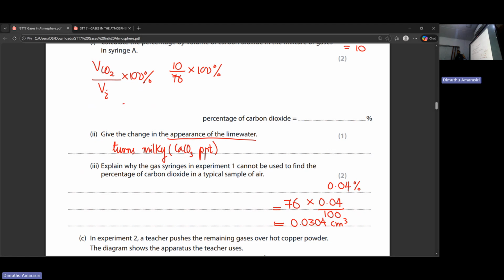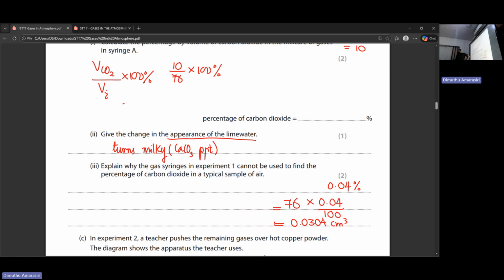That means when carbon dioxide is absorbed in this experiment, the final volume is 76 minus 0.0304. How much is that? 75.9696.